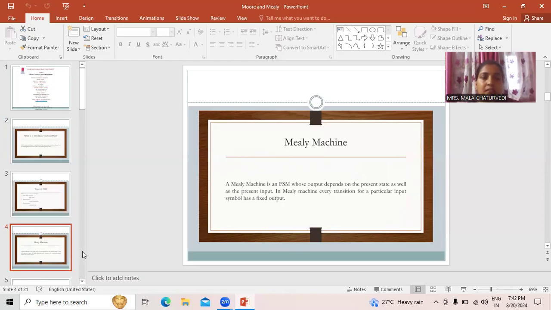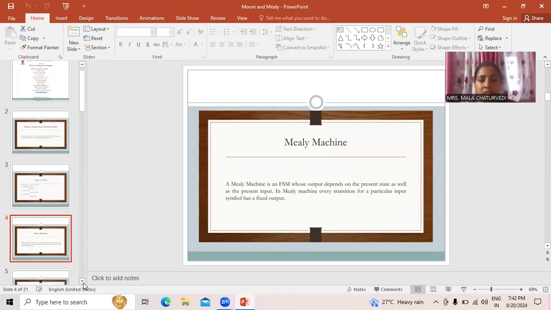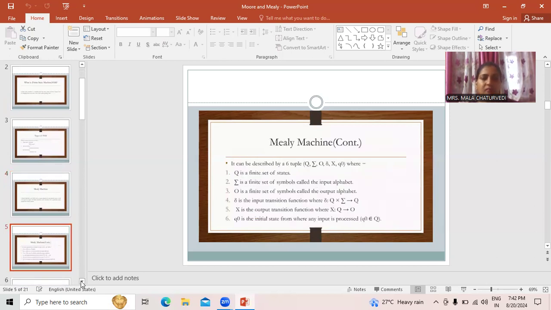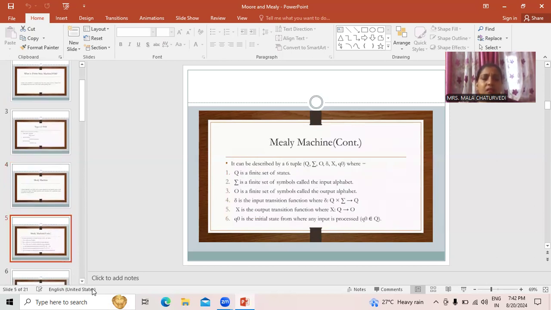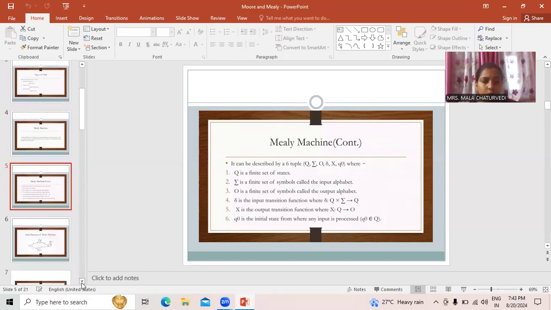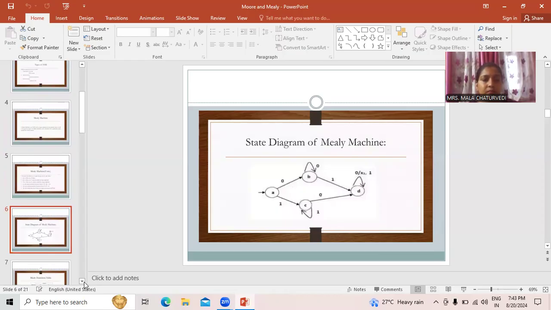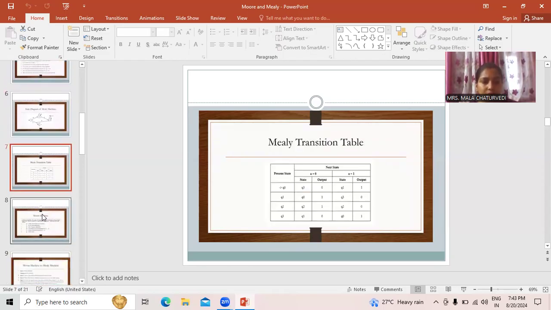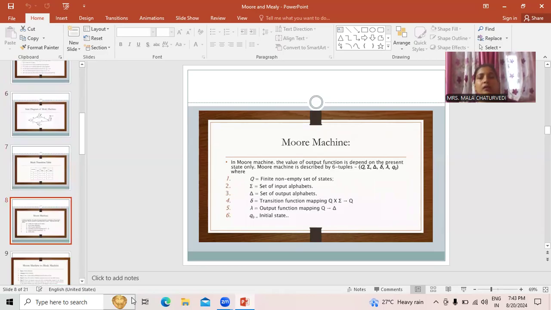Moore machine is a 6 tuple which is Q, sigma, Q naught, transition function, delta, and lambda.